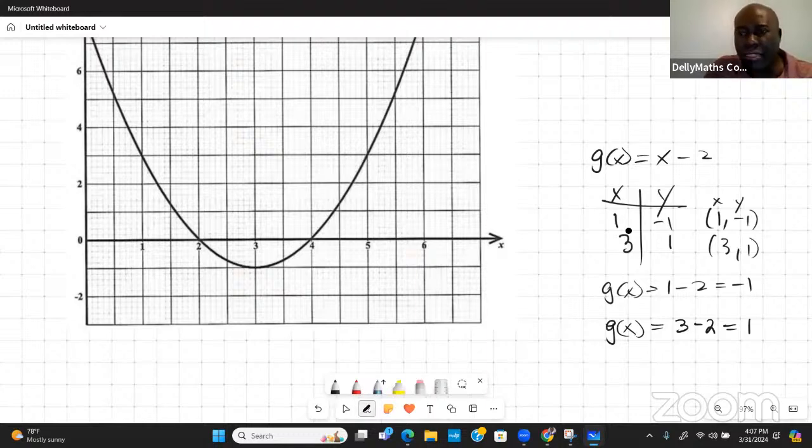So you could plot these 2 points. Let's plot them. 1, -1 is right here, and 3, +1 is right here.